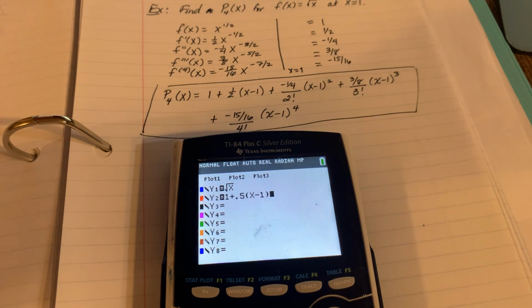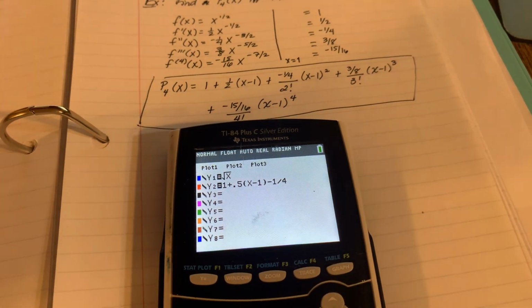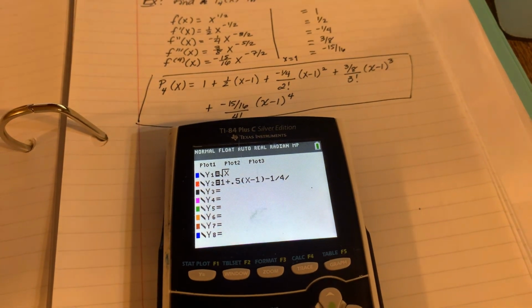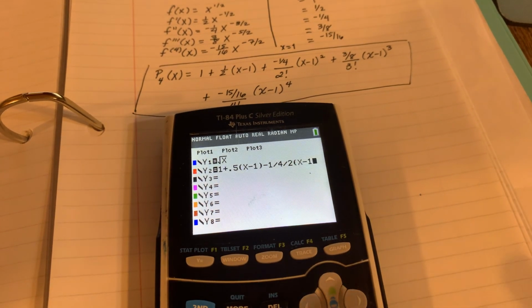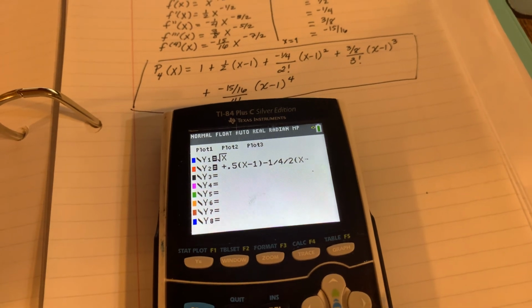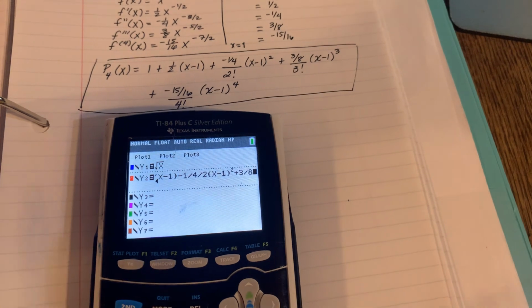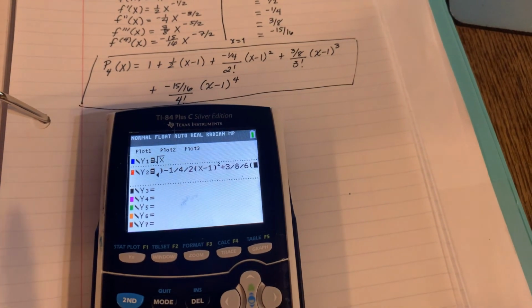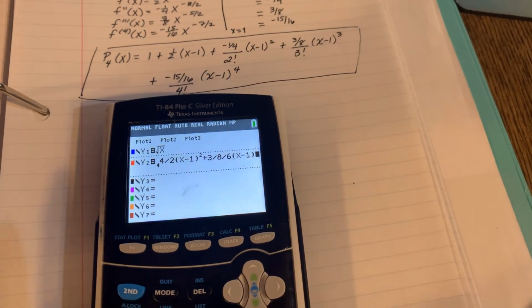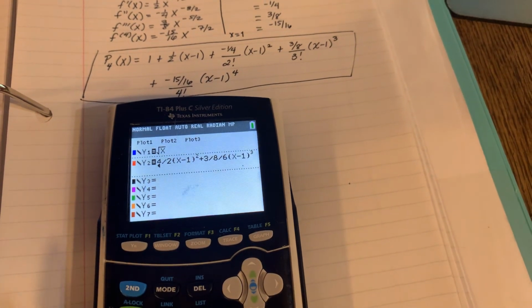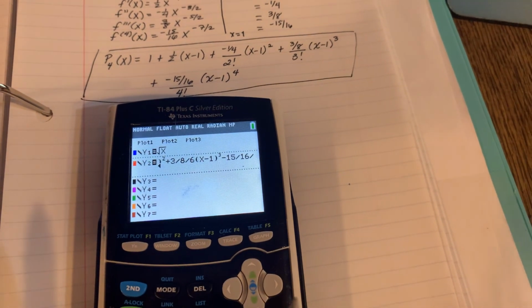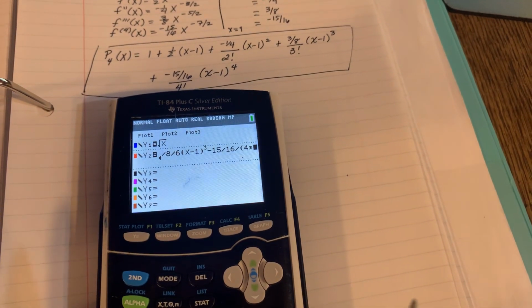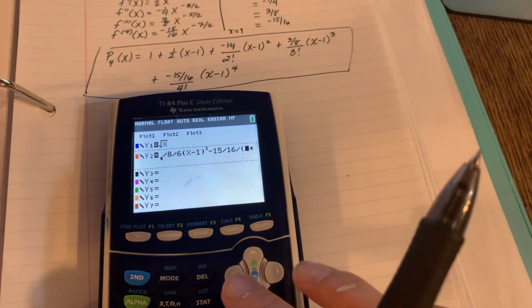x minus 1 minus 1/4 over 2 times x minus 1 squared plus 3/8 over 6 times x minus 1 cubed minus 15/16 over 4 times, oh, I can do that in my head, right?